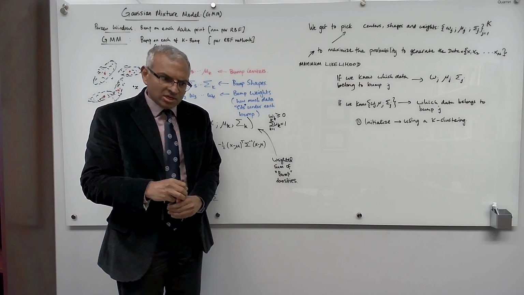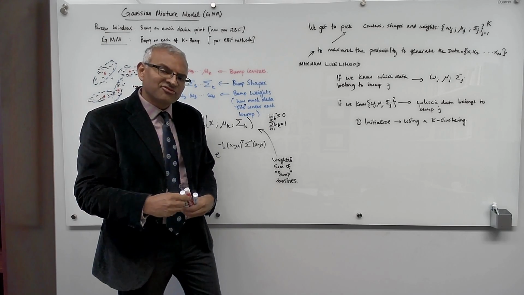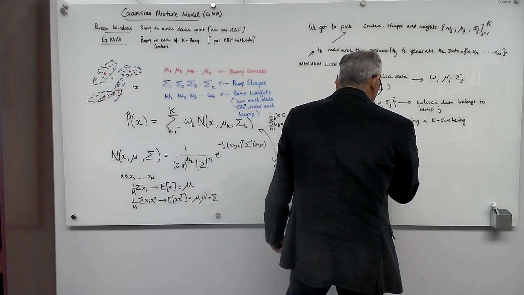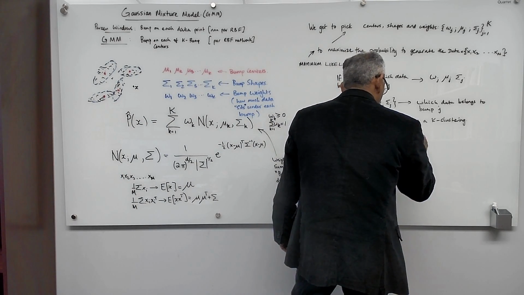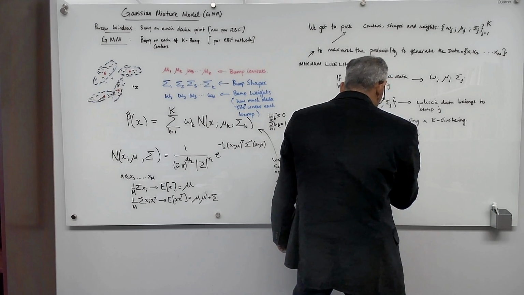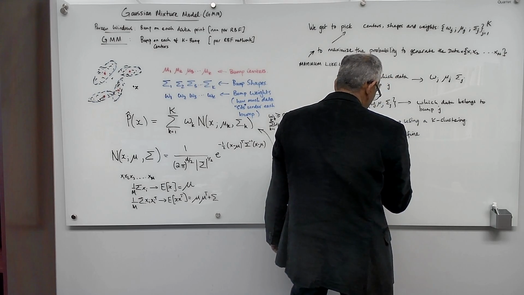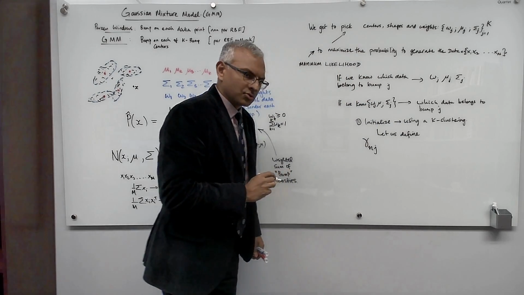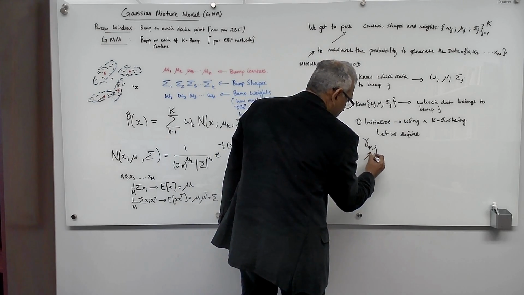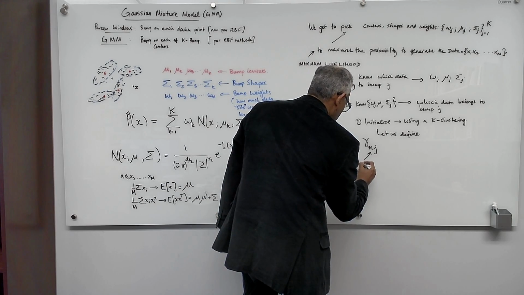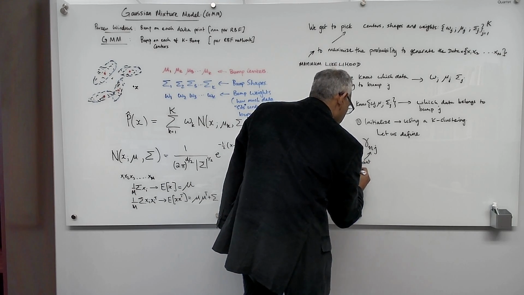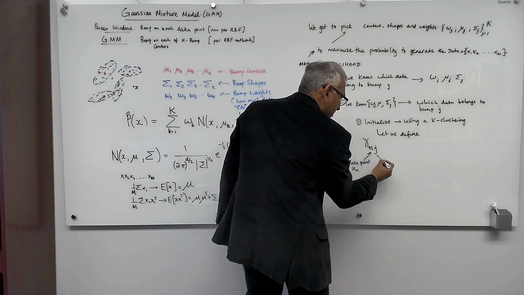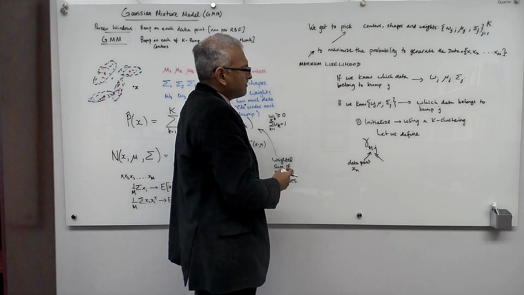Okay. So in general, let us define gamma nj. Here n is the data point xn, and j is the bump j.